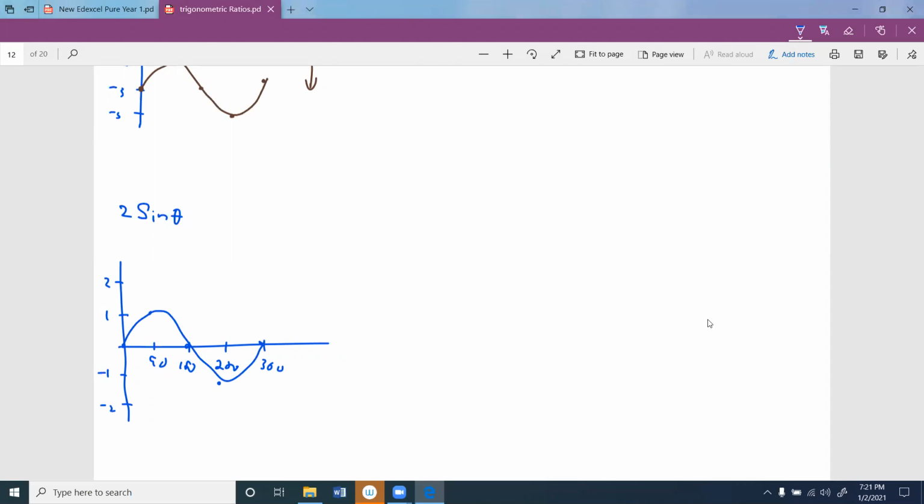Right? Then this is just like f(x) turning into 2 times f(x). Then what happened? All these y coordinates should be multiplied by 2. So here the y coordinate is 0, 0 multiplied by 2 is 0. It's 0, 1, and 1 multiplied by 2 turns up to 2. Again, this is 0, this is -1, this is 0.